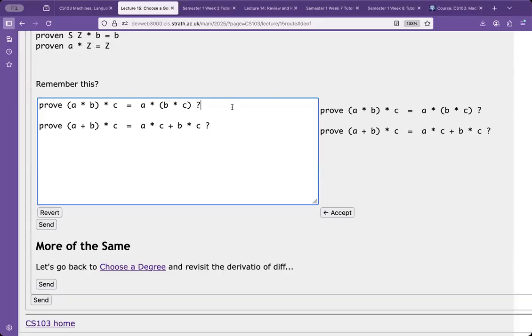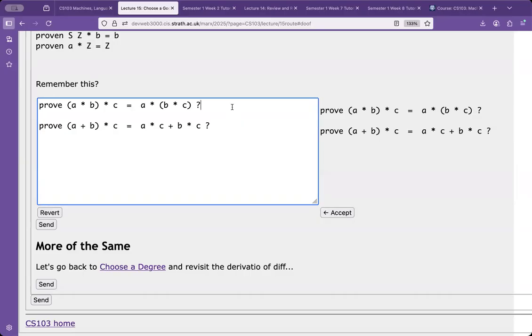Okay. So next up, we've got associativity of multiplication. Right. So folks, how do we begin? What do we hit?